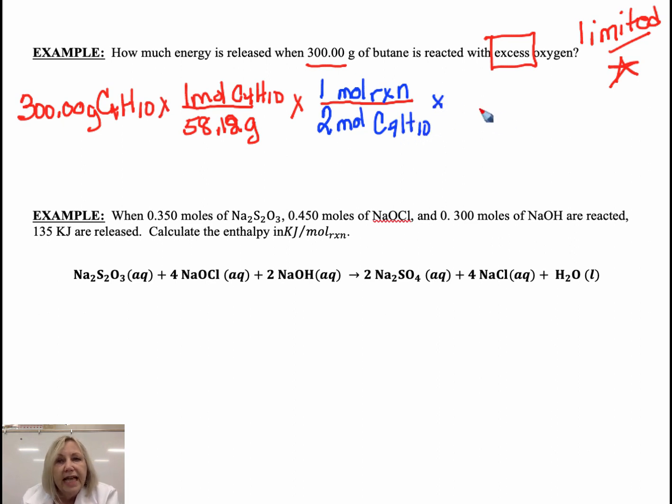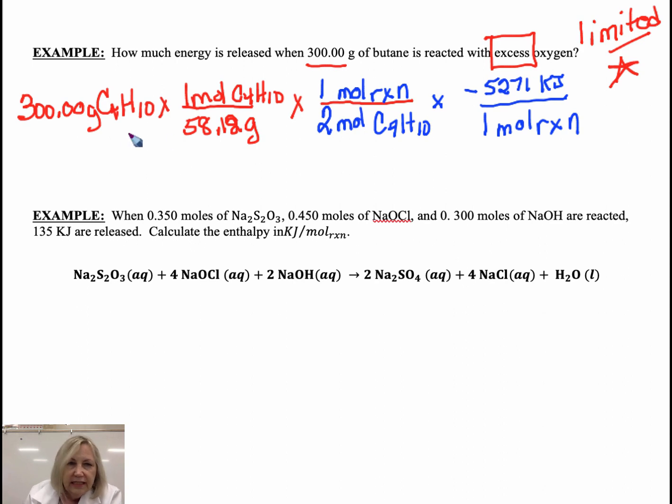Now we can use that given enthalpy of the combustion reaction as minus 5271 kilojoules will be released for every 1 mole of reaction. So now grams cancel grams, moles cancel moles, mole of reaction cancels mole of reaction, and I'm left with kilojoules.